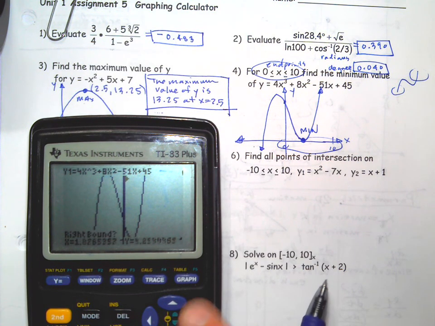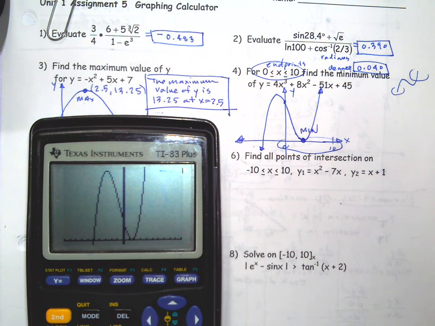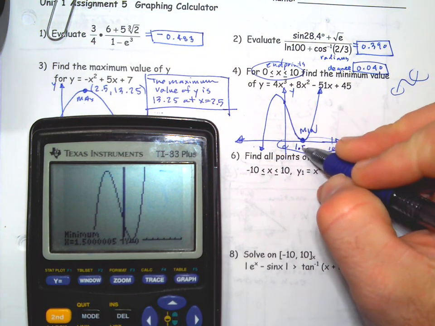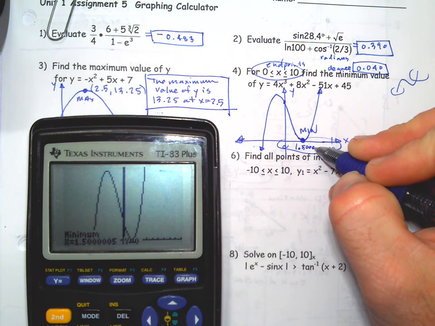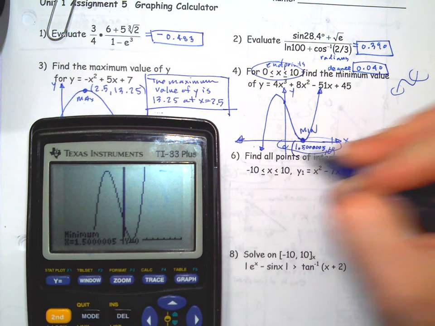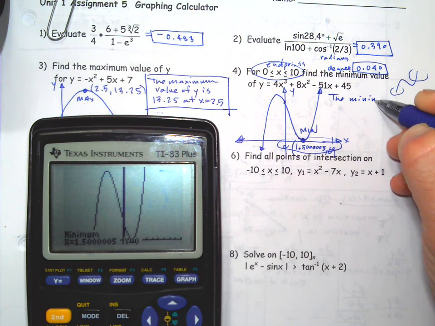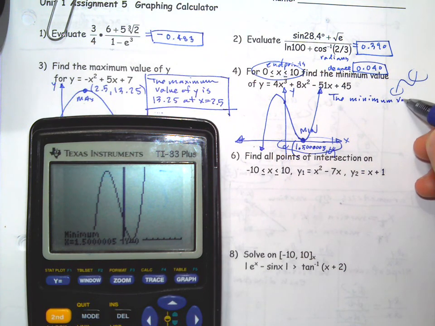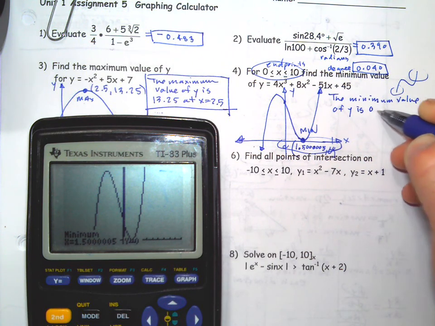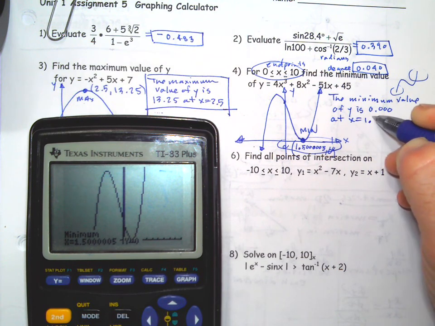That's left. That's right. Guess. And it is 1.50000005, comma 0. So the minimum value of y is 0.000 at x equals 1.500.